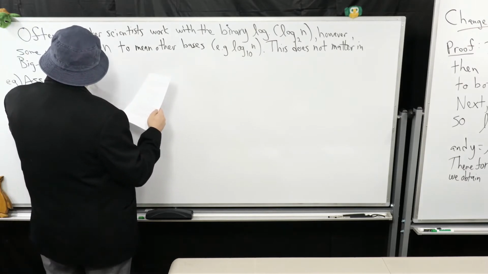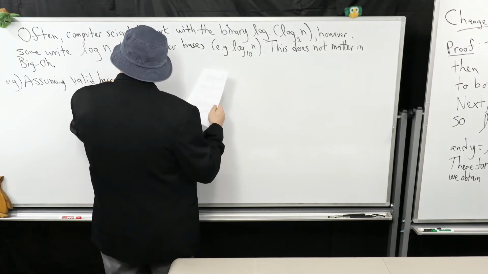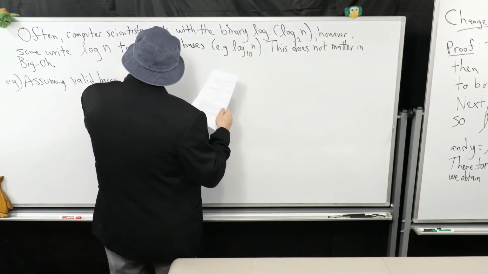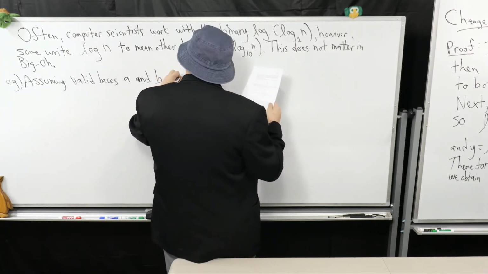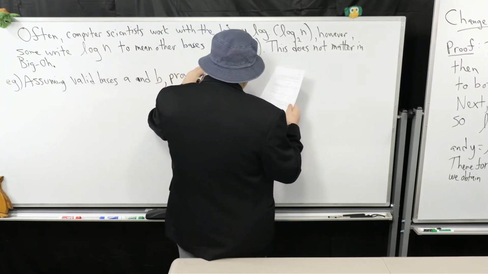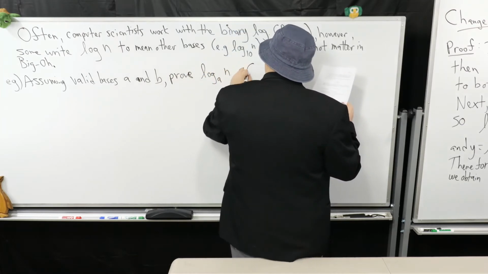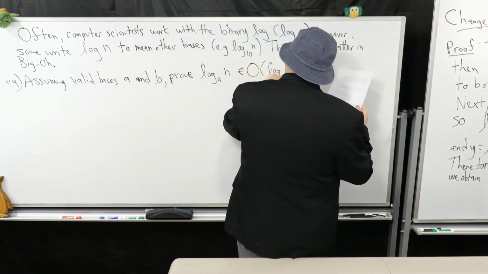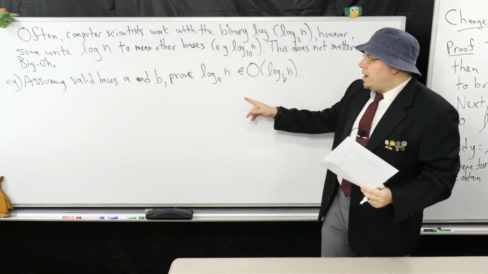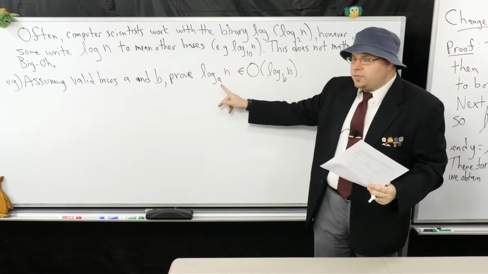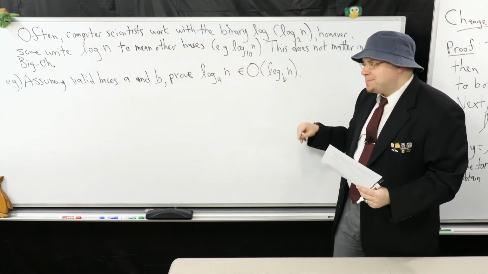Assuming valid bases A and B, prove log base A of n is big O of log base B of n. So I give you two bases that are valid. I'm going to show you that you can jump from one to the other.